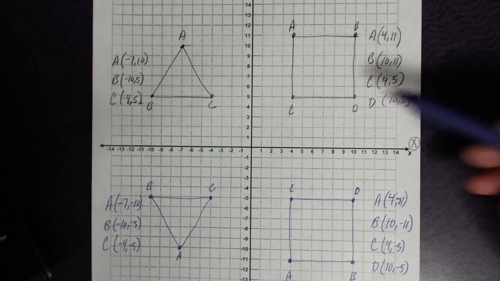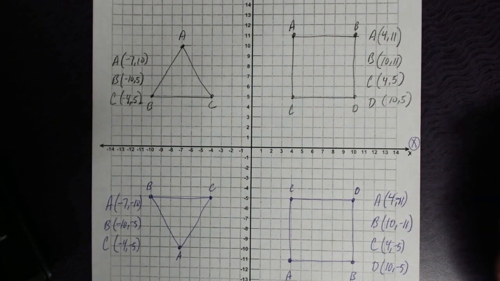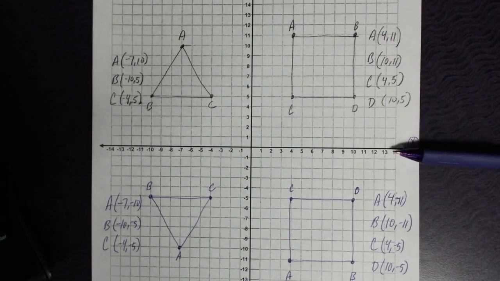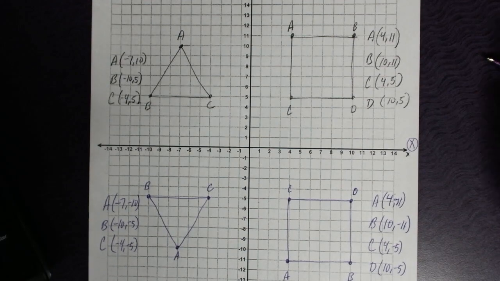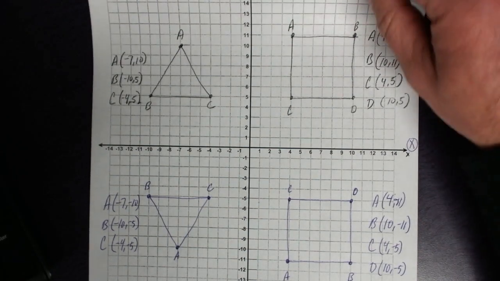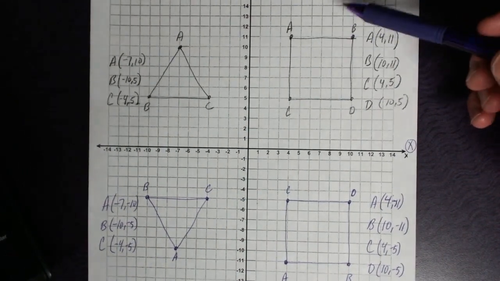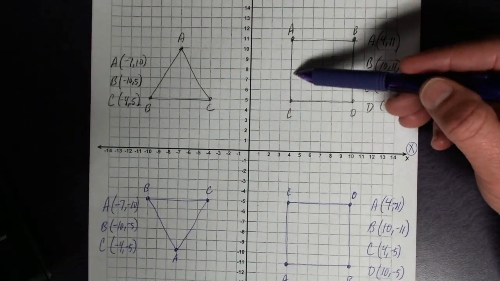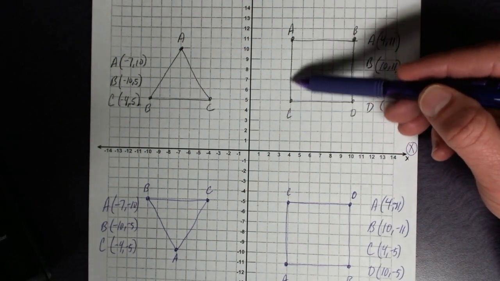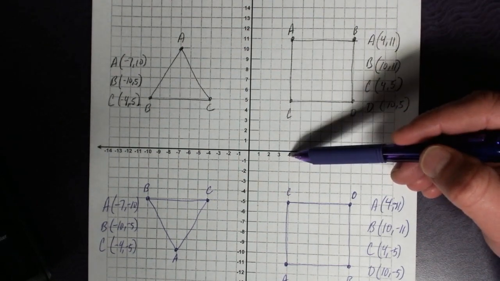That's our first image. So when we reflect over the x-axis, we talked about in our notes that if you get confused, fold your paper in half over the x and kind of visualize where A, B, C, and D will end up. Let's start with A. It's going to stay on this line right here, but it's going to end up down here in the negatives.